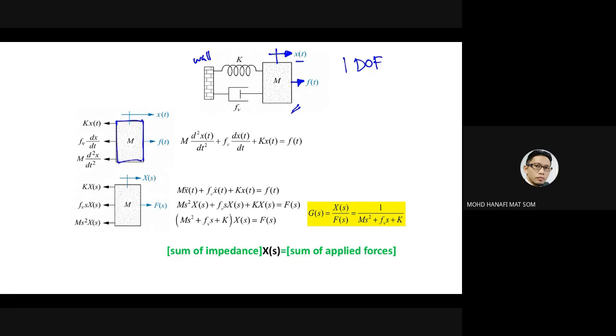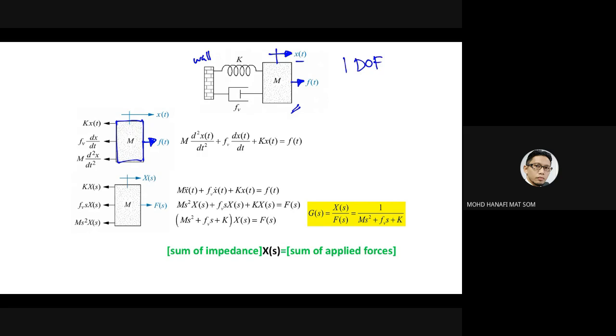When we apply force f(t) to the right, there will be a counterforce to the left from the spring, from the viscous damper, and from the mass itself.